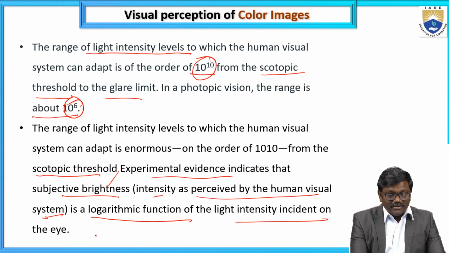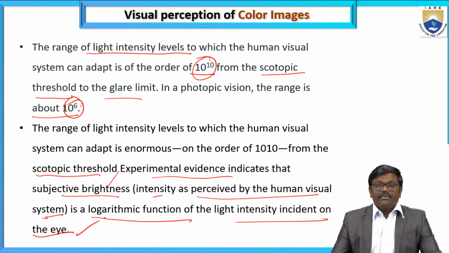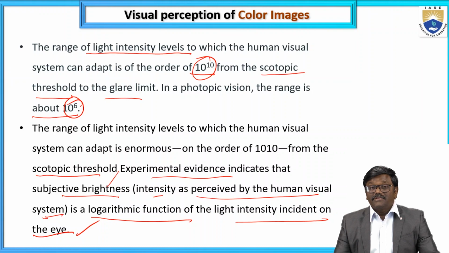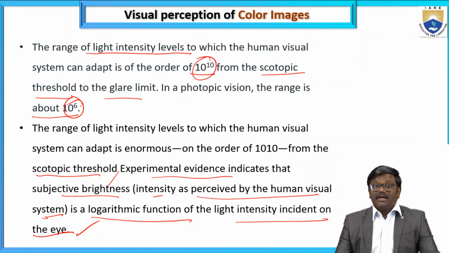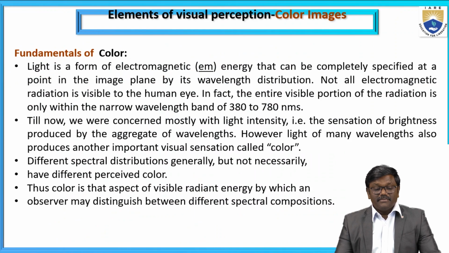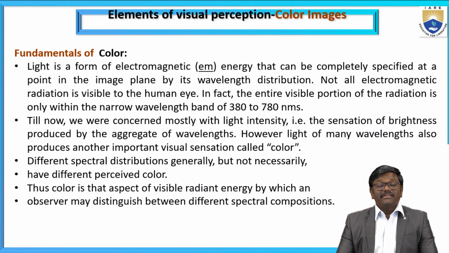That intensity incident on the eye is what matters. So how the human visual system processes observation depends on the structure of the eye and its variation. That is, light is a form of electromagnetic energy that can be completely specified at a point in the image plane by its wavelength distribution.